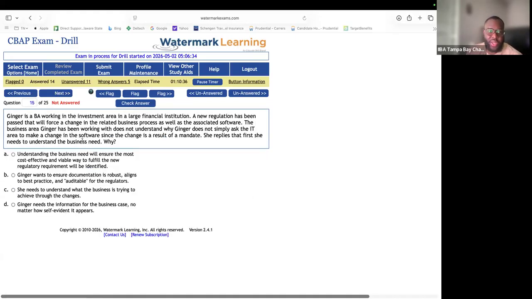Ginger is a BA working in the investment area in a large financial institution. A new regulation has been passed that will force a change in the related business process as well as the associated software. The business area Ginger has been working with does not understand why Ginger does not simply ask the IT area to make a change in the software, since the change is a result of a mandate. She replies that first, she needs to understand the business need. Why?